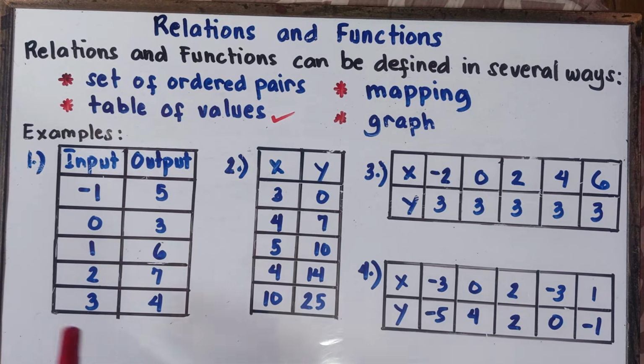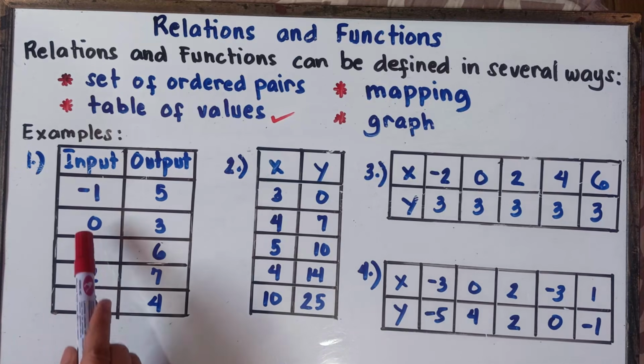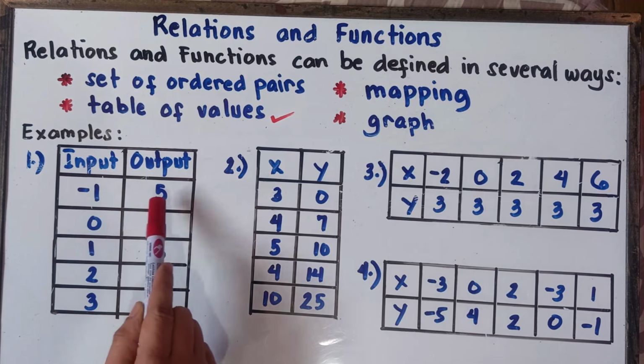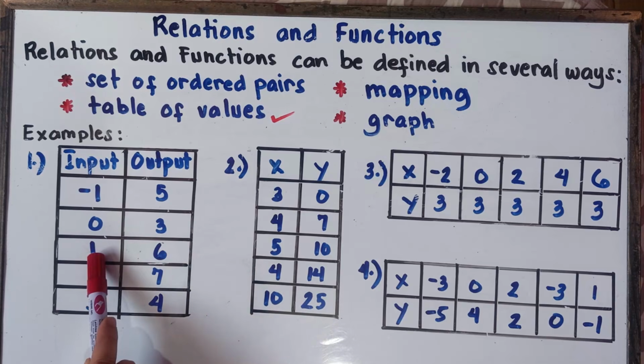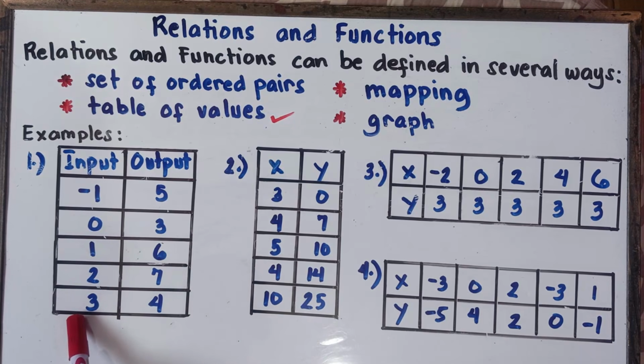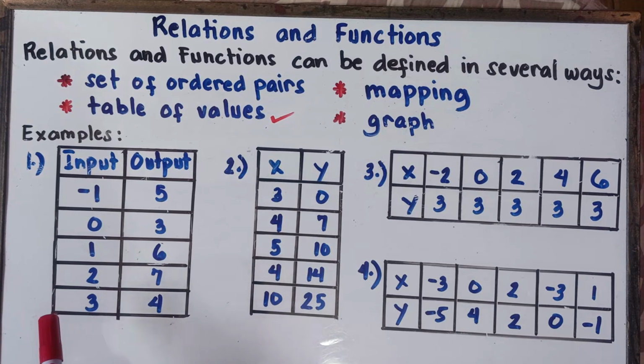Once again, class, for a function, one input corresponds to one output. So negative 1 corresponds to positive 5, 0 corresponds to positive 3, 1 corresponds to positive 6, 2 corresponds to positive 7, 3 corresponds to positive 4. One input corresponds to exactly one output.